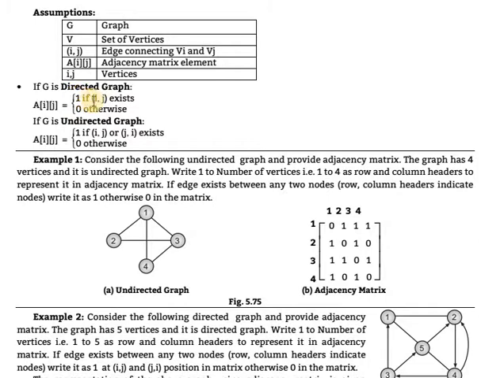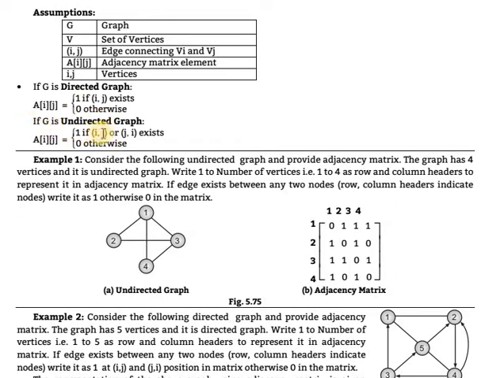It is 1 if an edge from I to J exists, meaning a path is created from vertex I to vertex J. Otherwise, write 0.